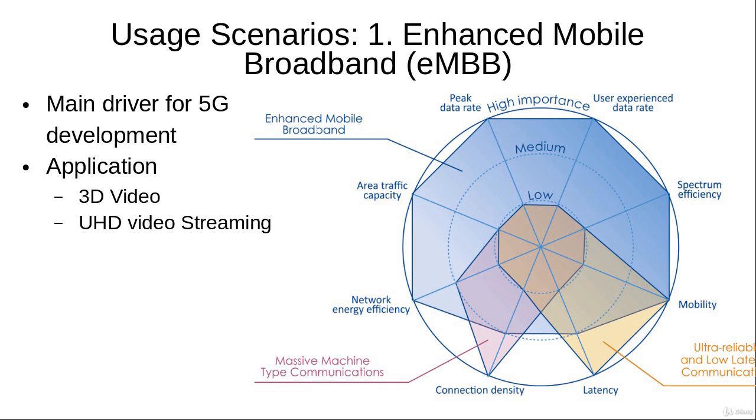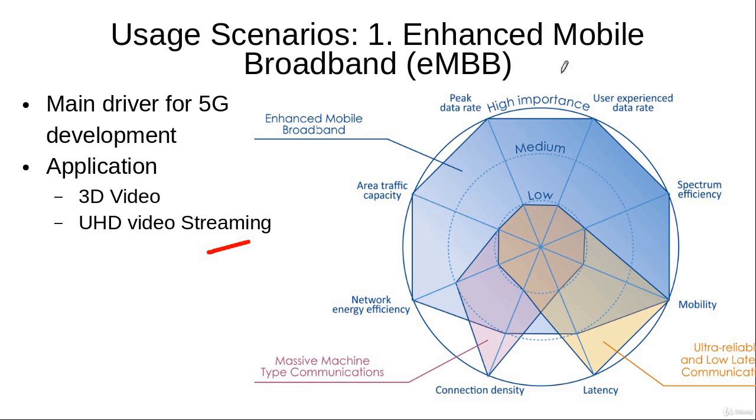So the first important usage scenario of 5G is the enhanced mobile broadband, and its applications are, for example, if you want to view a 3D video on your mobile, or for example you want to have ultra high definition video streaming on your mobile, definitely you would need to use this service.